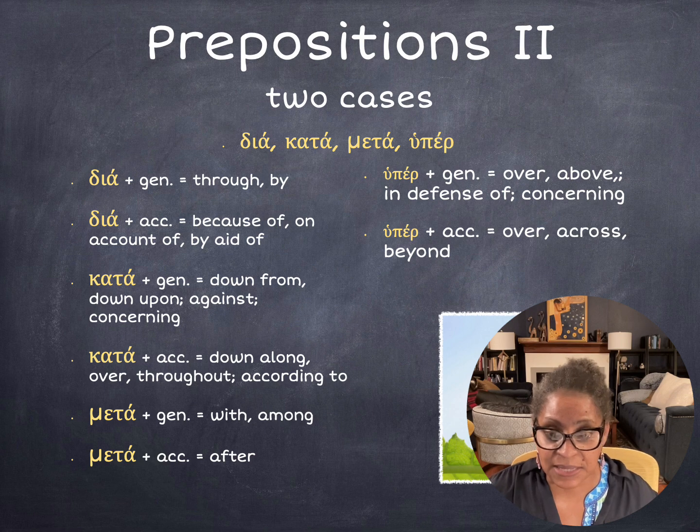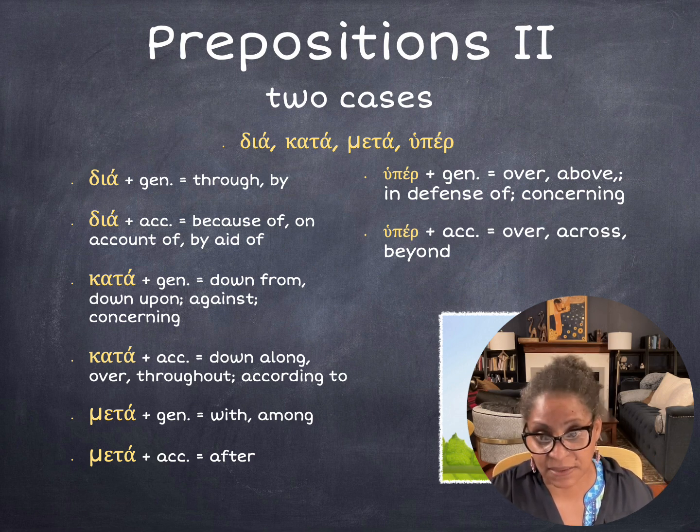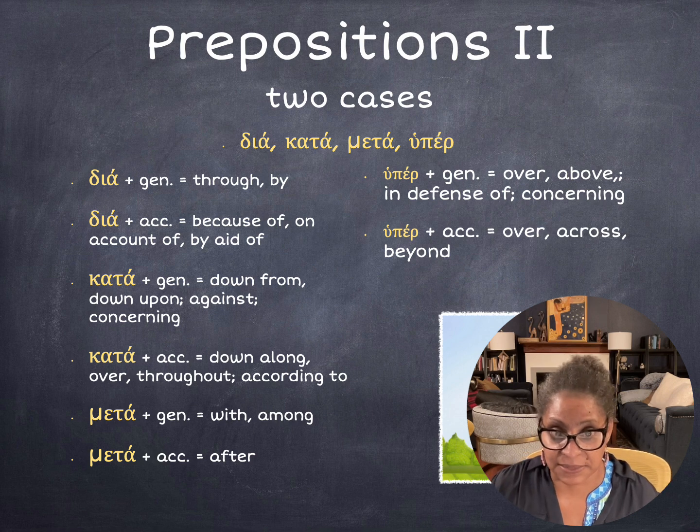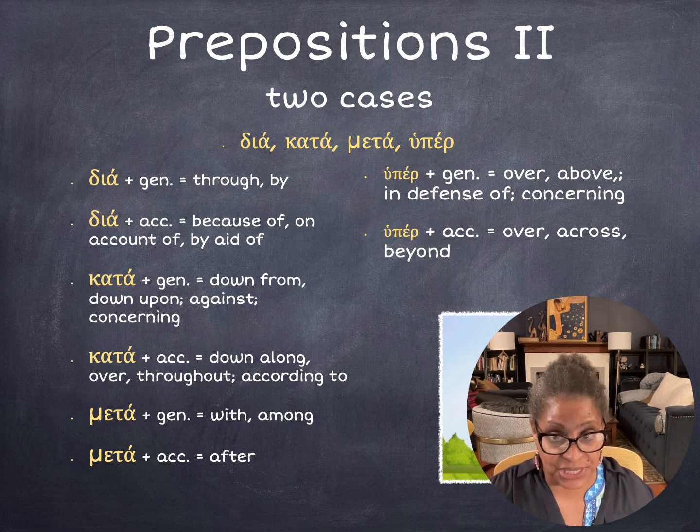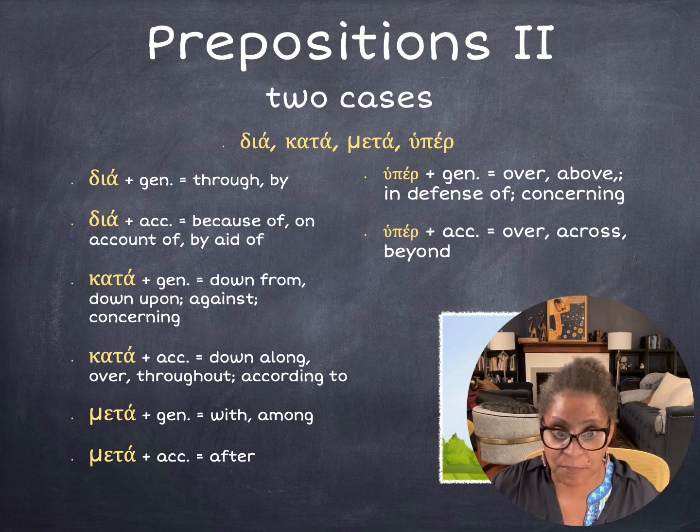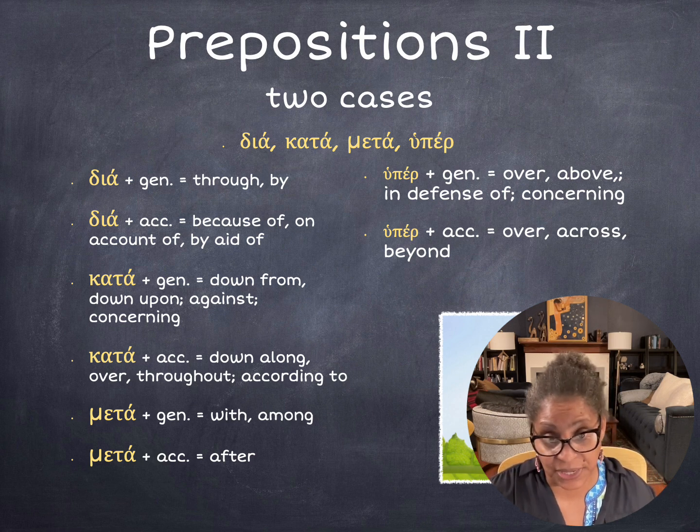So dia, when it takes the genitive, means through or by. Dia, when it takes the accusative, means because of, on account of, by the aid of, something like that. Kata plus the genitive means down from, down upon, down against, or concerning.